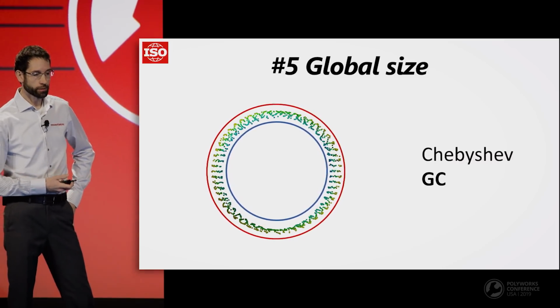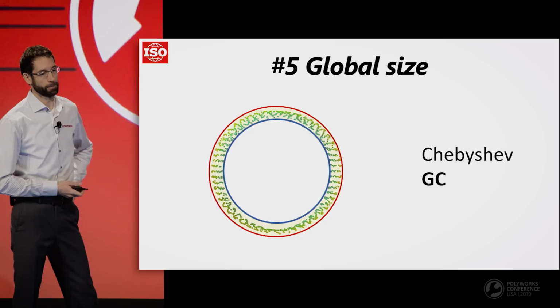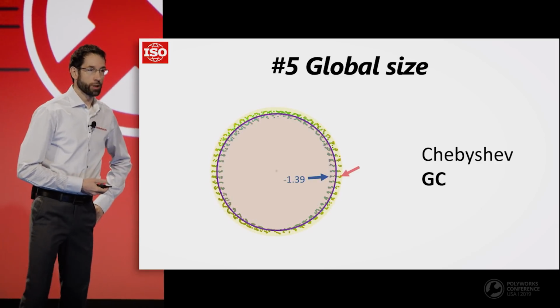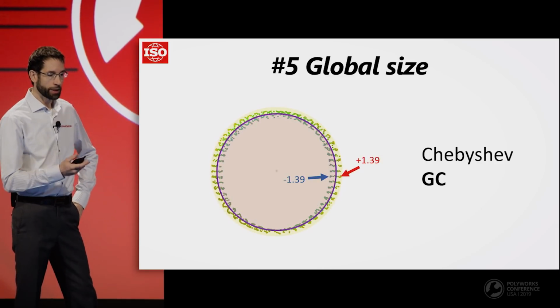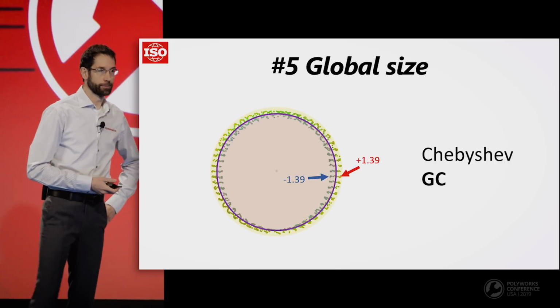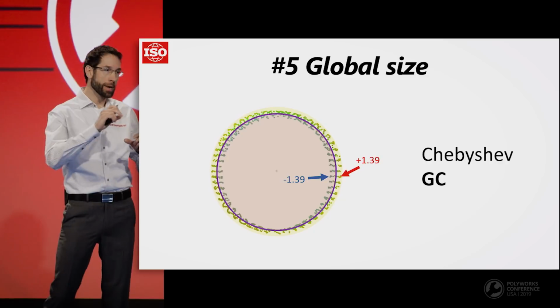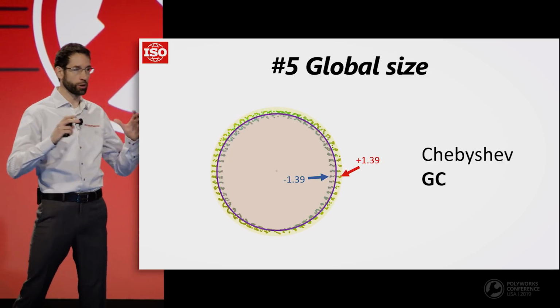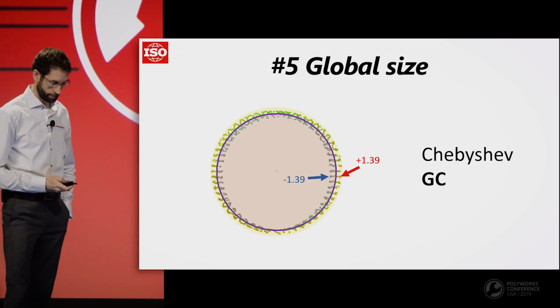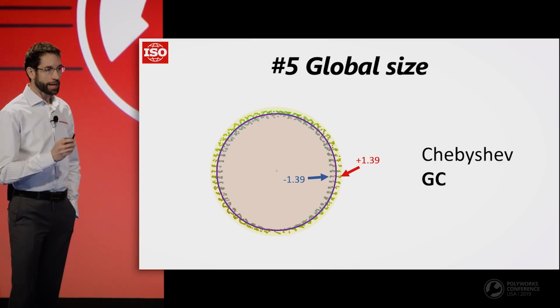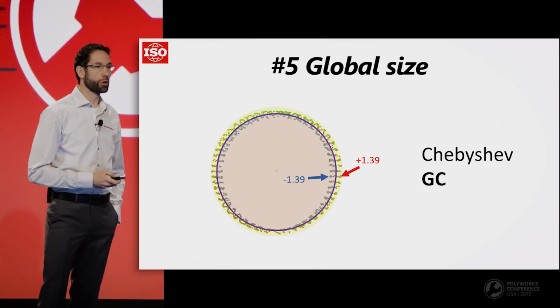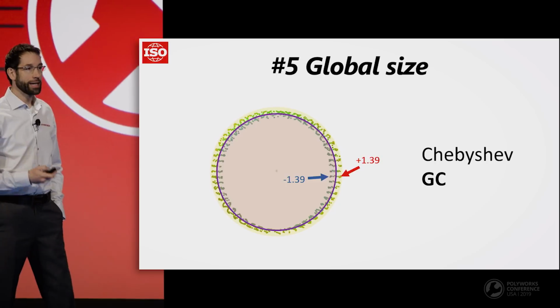And the last one is called Chebyshev, the GC modifier. Another name for that one is mini-max. It's the min and max fit, the mid circle between the min and the max circles. So that sums up the additions we made to the GD&T toolbox.